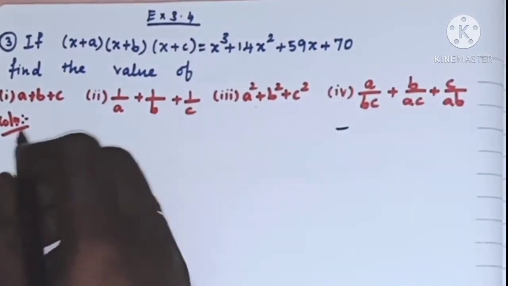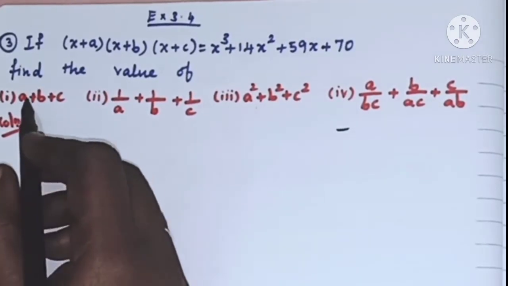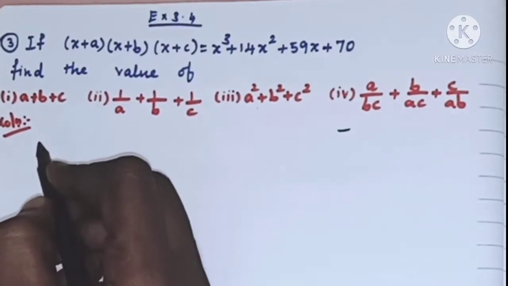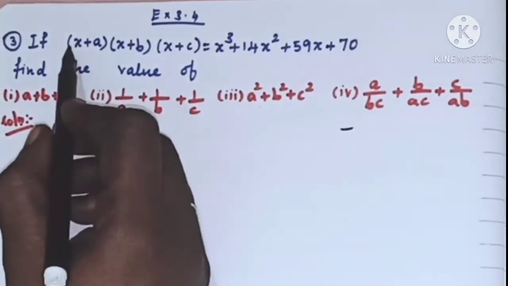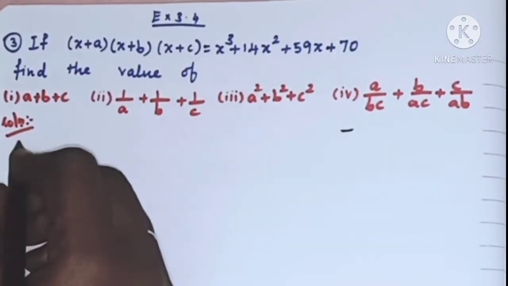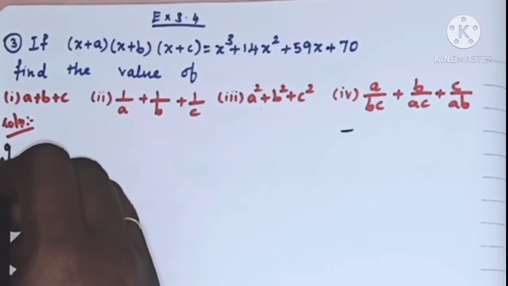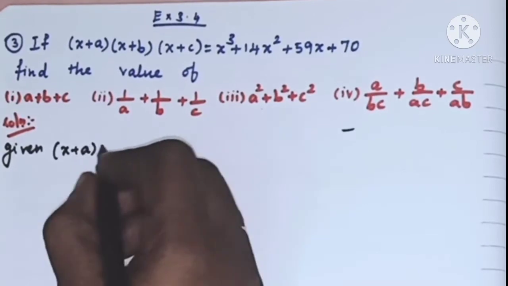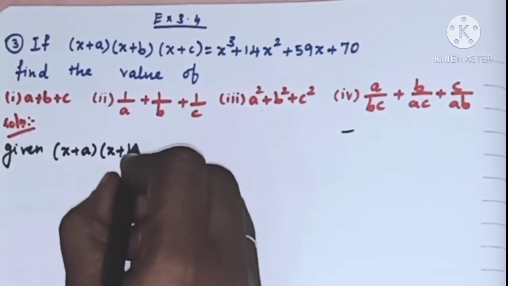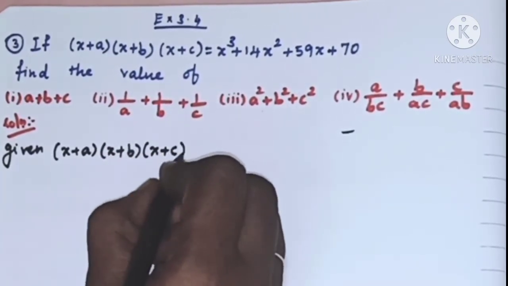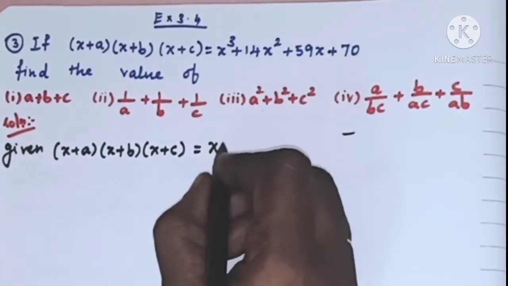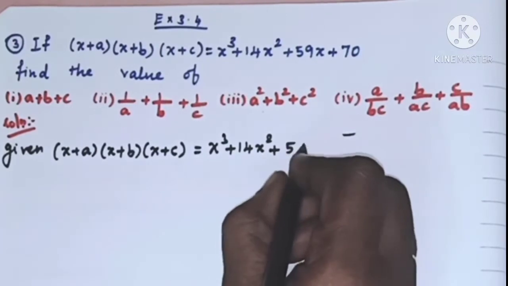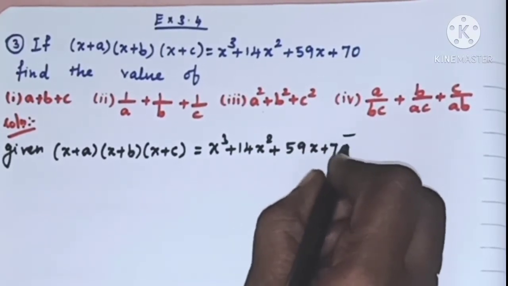Now the solution. We have to find the first subdivision a plus b plus c. Before finding this, the expression given in the sum is the same as the identity. Given x plus a into x plus b into x plus c, which is equal to x cube plus 14x square plus 59x plus 70.